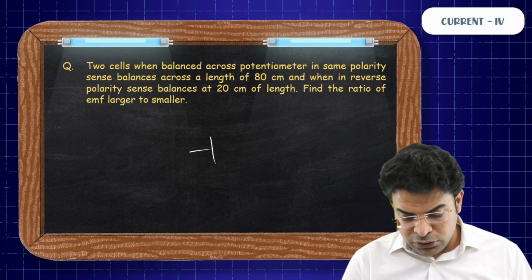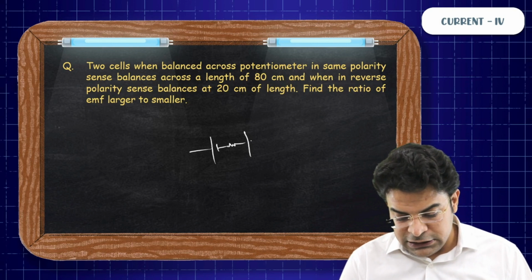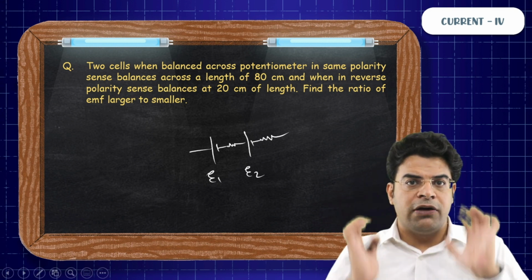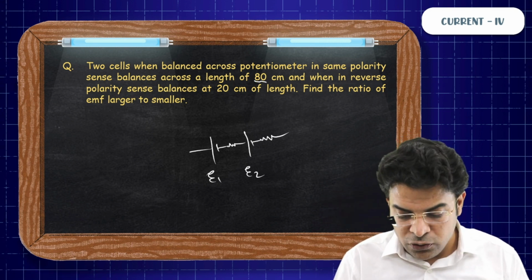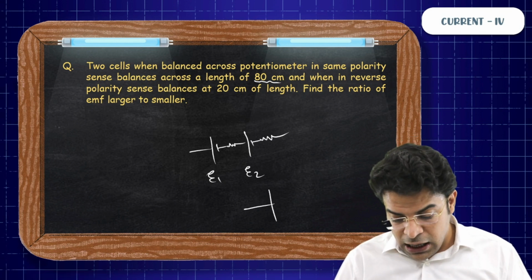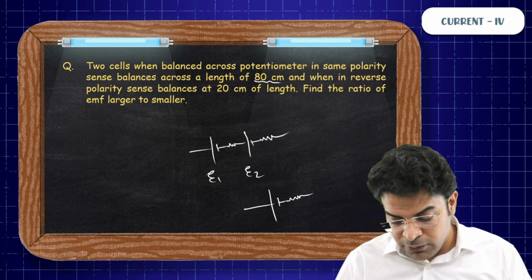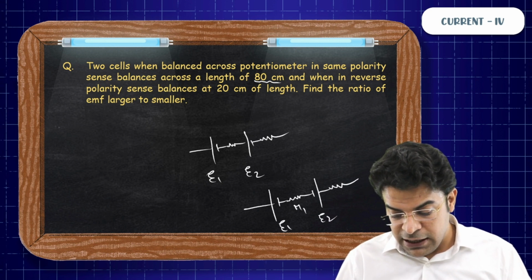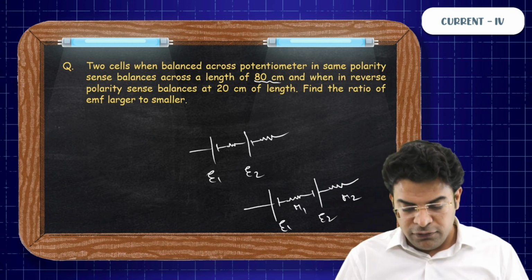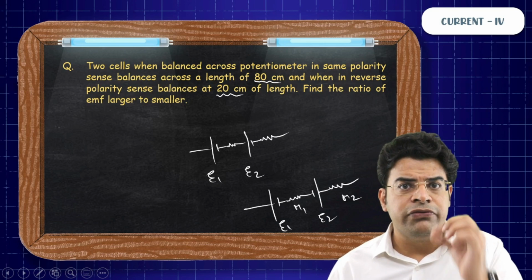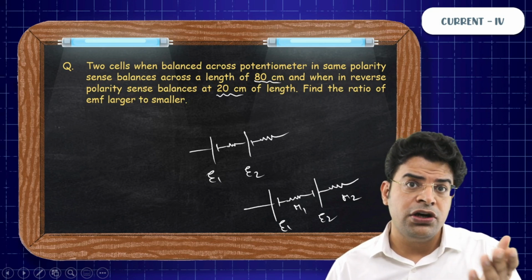So when the two cells are connected in same polarity sense and balanced across a potentiometer wire, the balance length comes out to be 80 centimeter. And when these same two cells are balanced across the potentiometer but in reverse polarity sense, then they balance across a length of 20 centimeter. So your mission here is to find the ratio of the EMF of the two cells, larger to smaller.